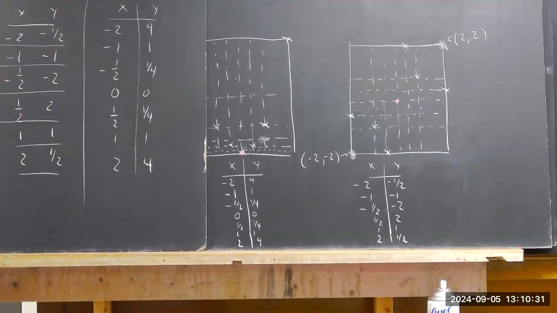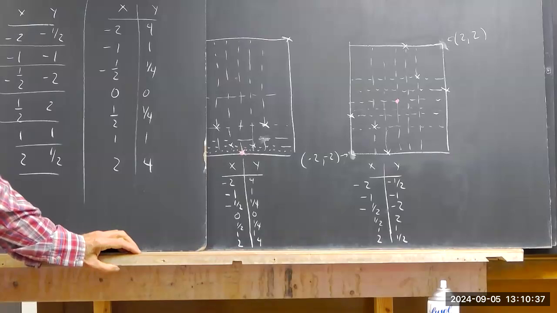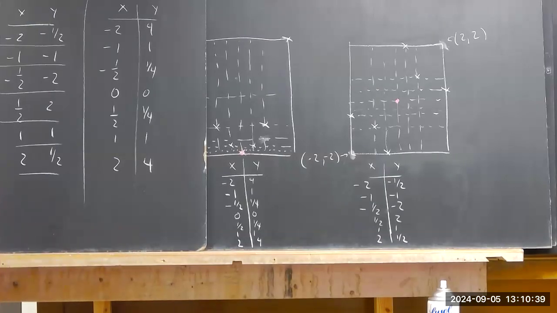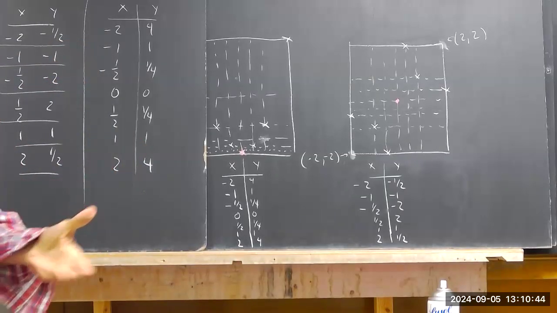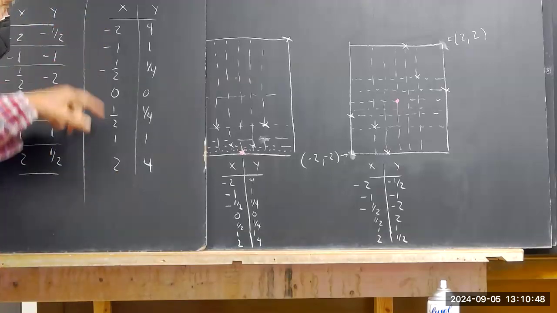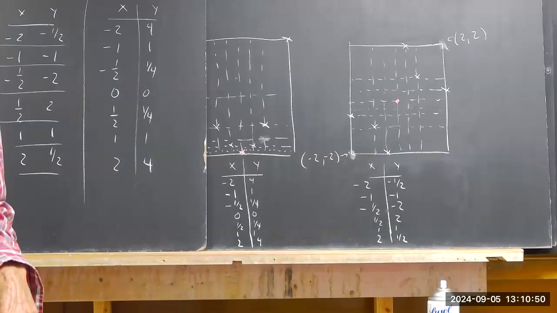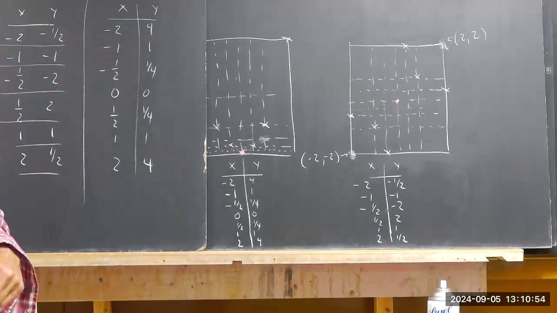Okay. What arithmetic operation could I do for each of these numbers, the same operation? Like, okay, let's suppose I double each one of these numbers. Well, if I double -2, do I get 4?